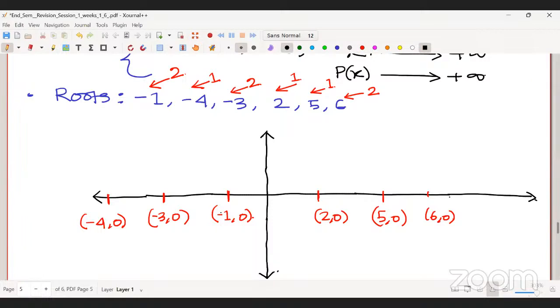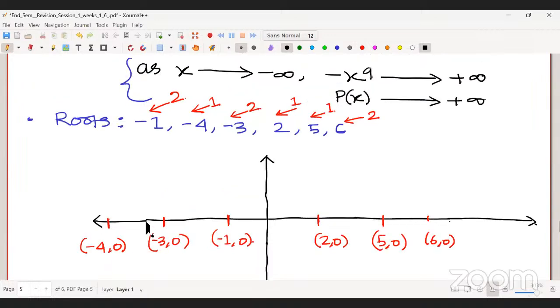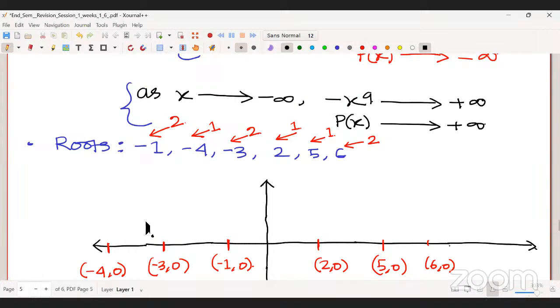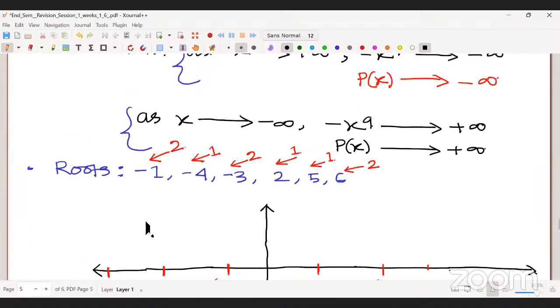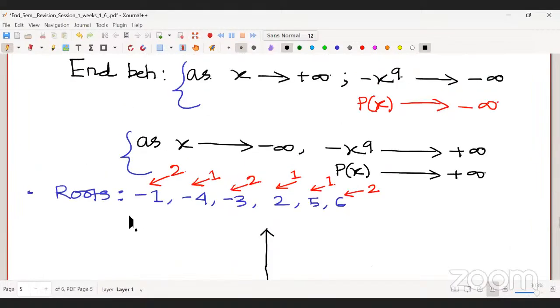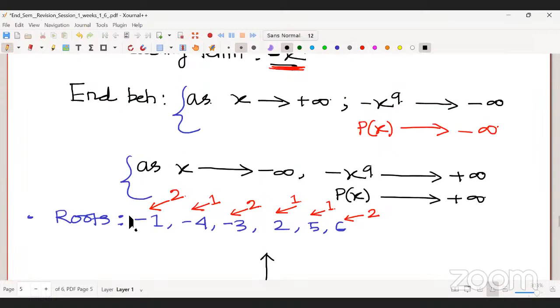So what should I do next? You have to draw the end behavior first. I need to draw the graph using the end behavior. Again, you can use any one of these two things.